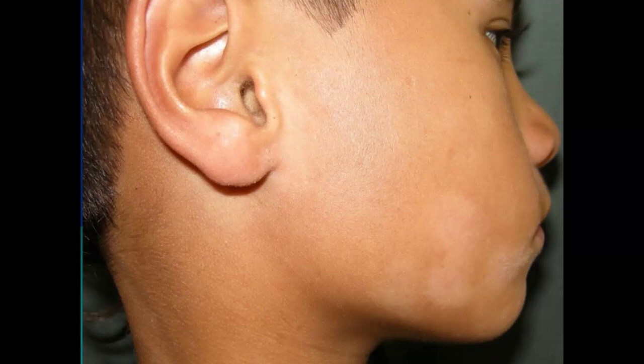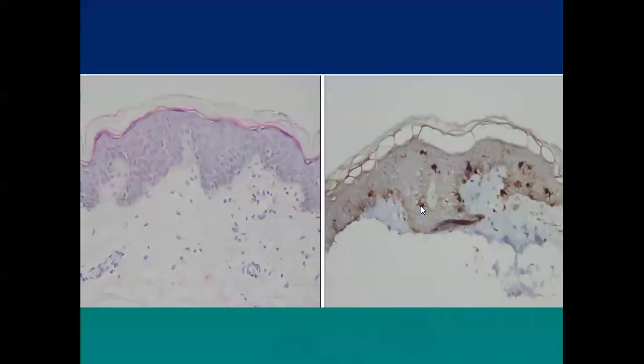So you can see a typical young boy on whose face you can notice several hypopigmented patches, which are not well defined, some of them showing a little bit of erythema. This is a very common condition called pityriasis alba. You should not take a biopsy in such a case, but if you happen to take a biopsy, getting it confused with vitiligo, you will find a normal epidermis with normal melanocytes, normal pigmentation.